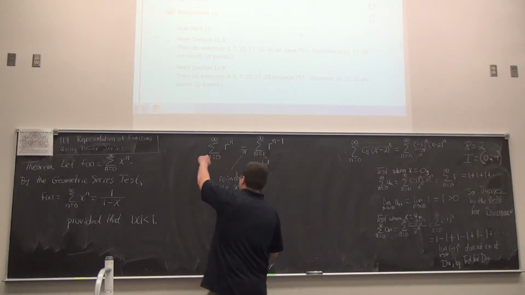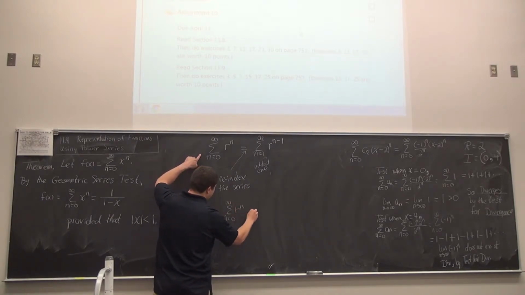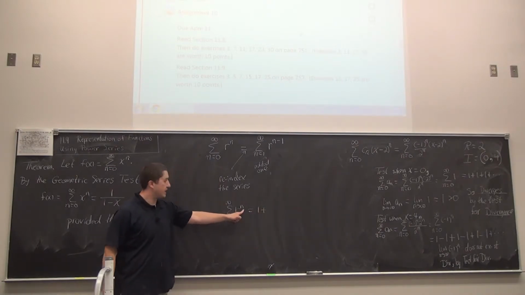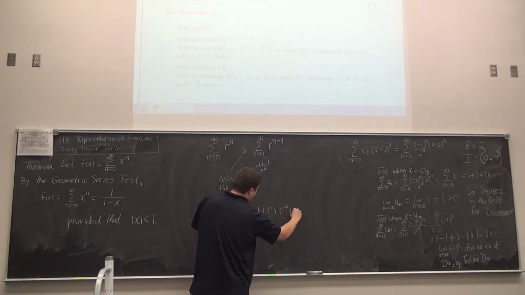So if we looked at this one right here, as n goes from 0 to infinity of r to the power of n, plugging in 0 we would get a 1, plus plug in 1 inside here we would get r, plus r squared when it's 2, r cubed when it's 3, and so on forever.